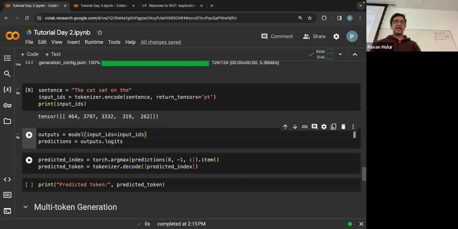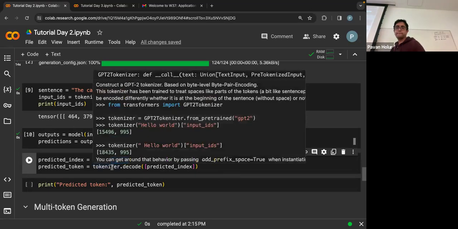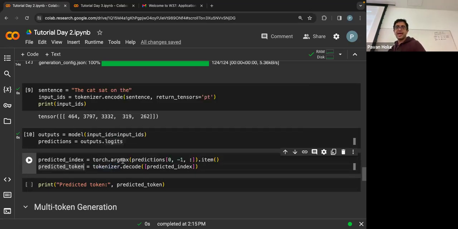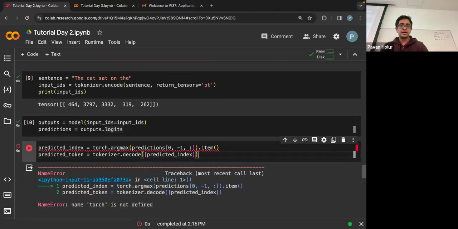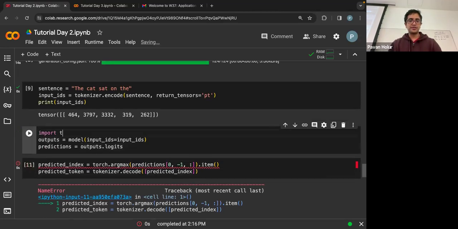And what this line here is going to do is just pick the maximum, argmax, right? Most likely. And then given that index, we are going to decode that index. So as I said, I'm trying to compress stuff now to make you more comfortable with what's going on. Oh, give me a minute here. Let me just import torch for us.